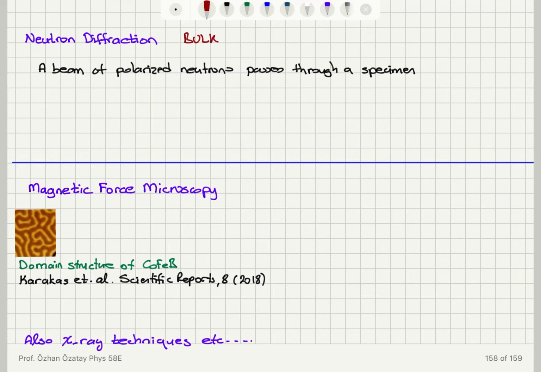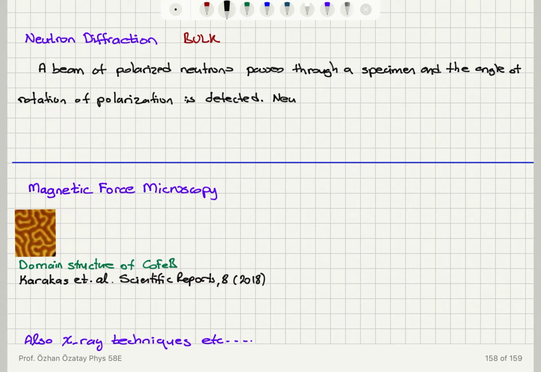So this is again a bulk effect. And the angle of rotation of polarization, that's the polarization of the neutrons, is what is being detected.